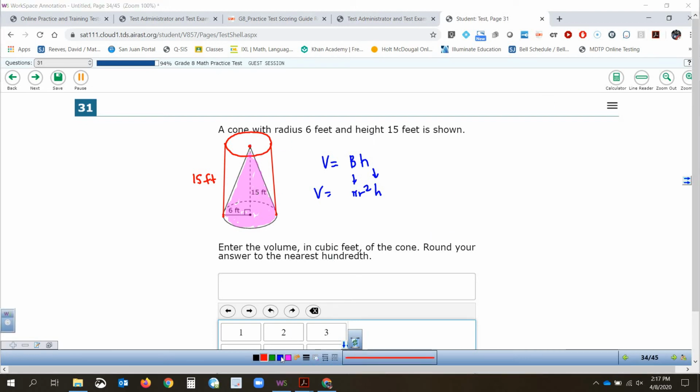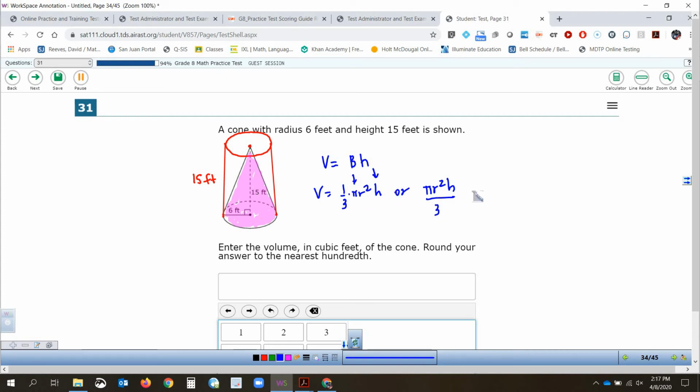So what we usually do is put 1/3 in front, or sometimes we say it's the volume of the cylinder divided by 3. All right, so pi r squared h divided by 3, or 1/3 times pi r squared h.